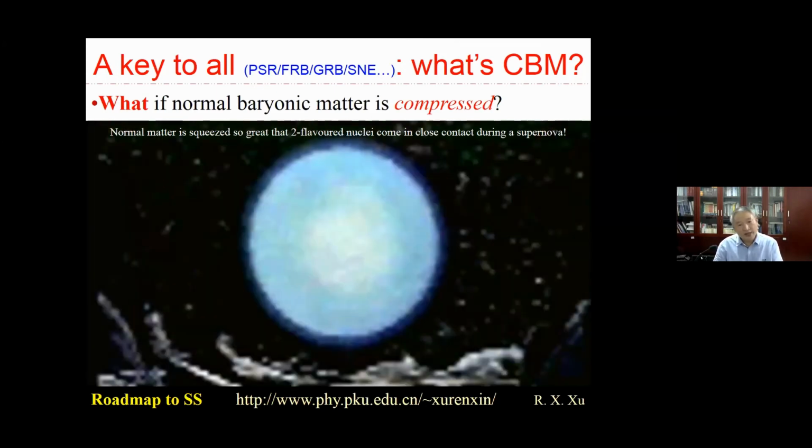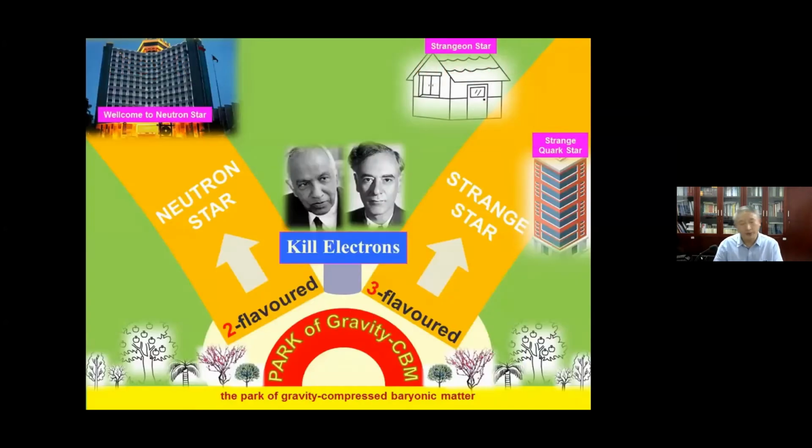So today I should be the tourist guide to show the park. This is a park of gravity compressed baryonic matter. In the central core of the massive evolved star, matter becomes squeezed so that atomic nuclei contact each other, and eventually we have a compressed baryonic matter.